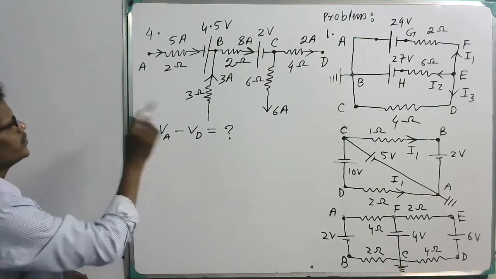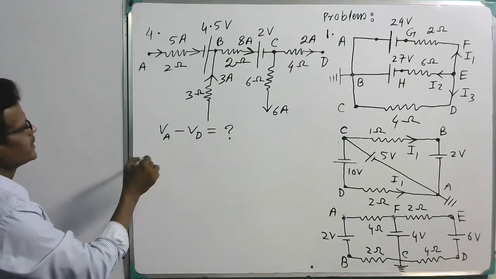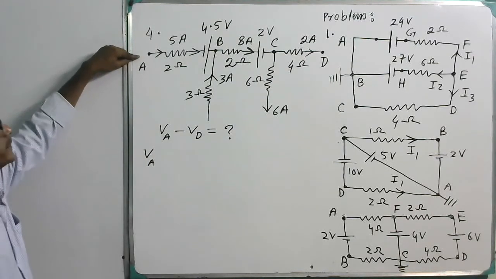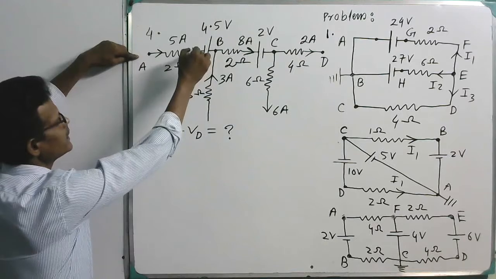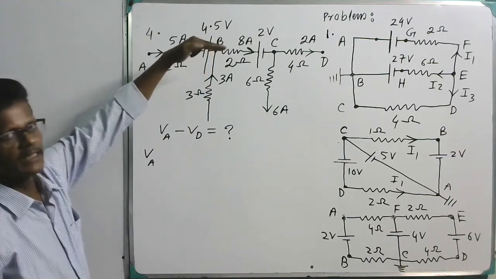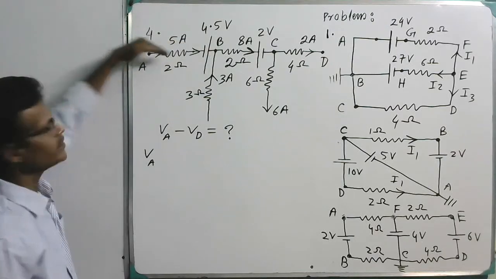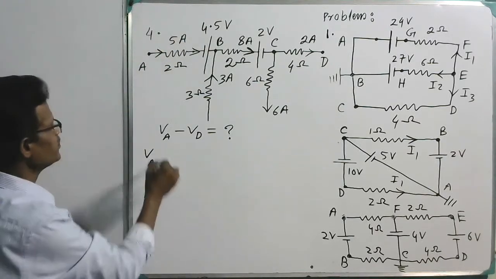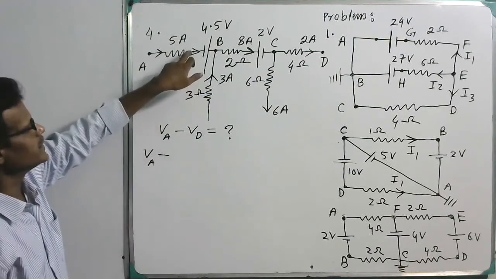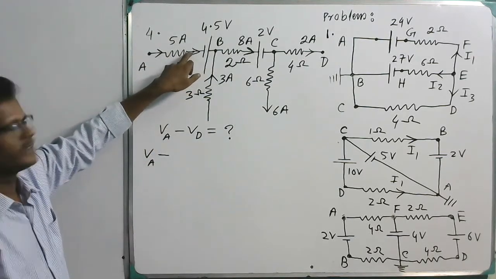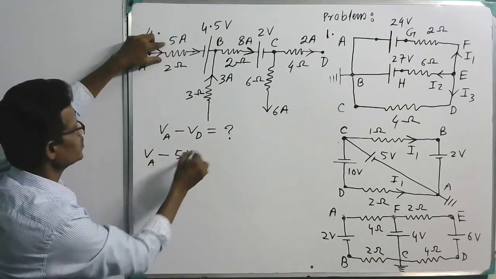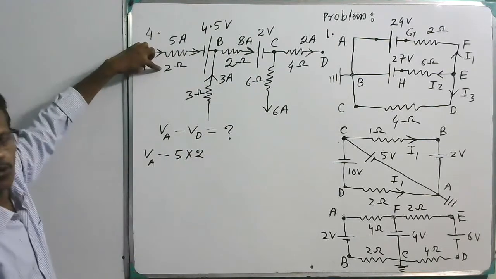Now, how will you calculate the potential difference? Say the potential of point A is VA. Current is flowing this way, so you are moving in the direction of decreasing potential. The potential at this point is smaller than VA by 5 into 2, that is 5 ampere into 2 ohm.